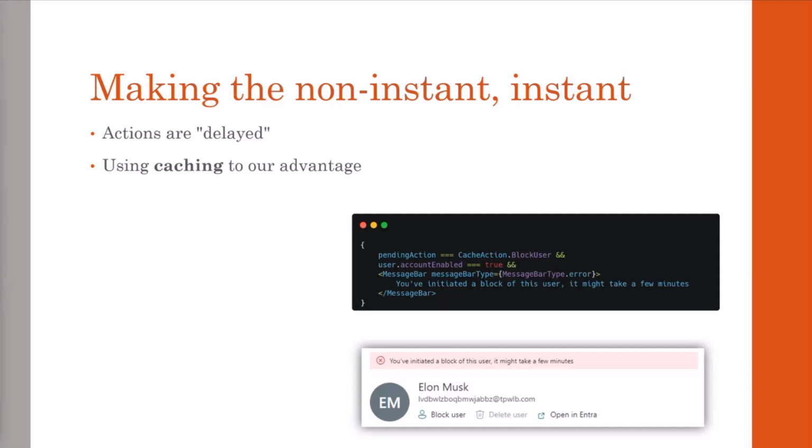If we look at the code example, we first of all check in our cache if we already have instantiated a block and the user pulling from the API is still enabled. If so, we are showing the dialog, error message, call it what you want.